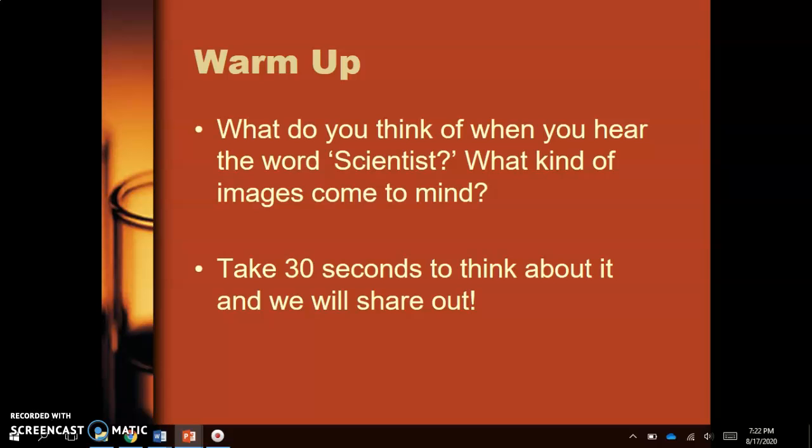For me, when I was younger, the first thing that popped into my head was always somebody in a white lab coat working in a laboratory somewhere with pipettes and maybe blood samples, maybe CSI, like crime scene investigation. That's what we think of typically when we think of a scientist.